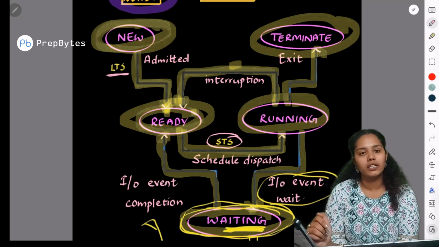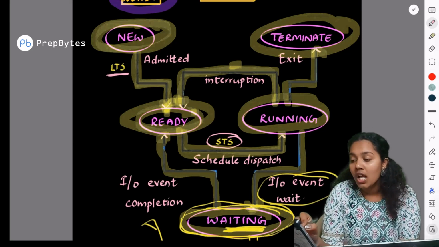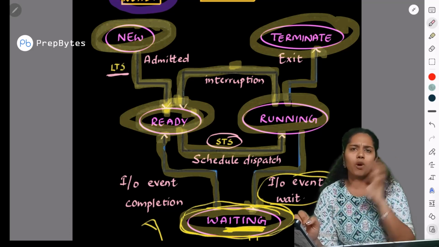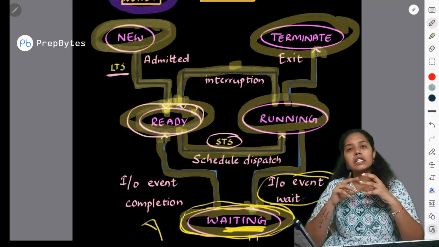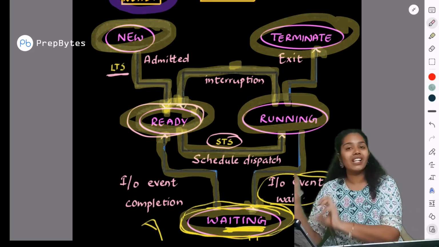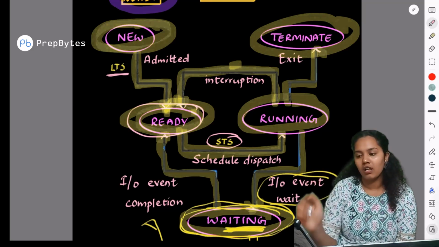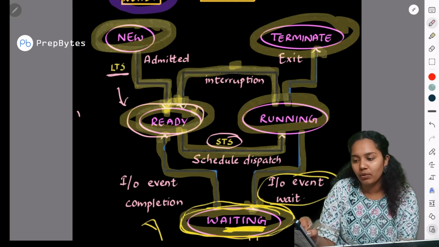Now, what is the long-term scheduler? The long-term scheduler generally takes care of loading as many processes as possible into the ready state, exactly just into the ready state. When this happens, it is known as multi-programming.